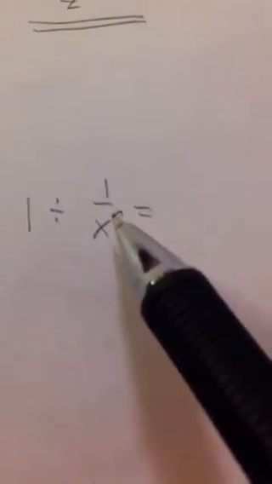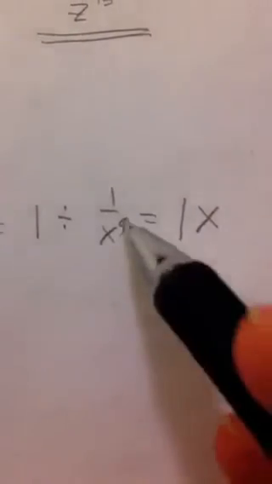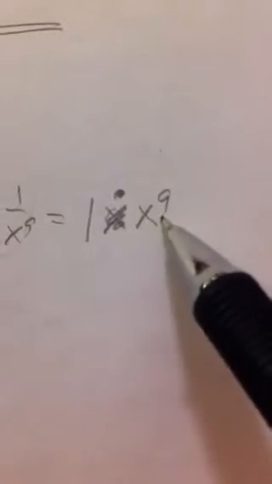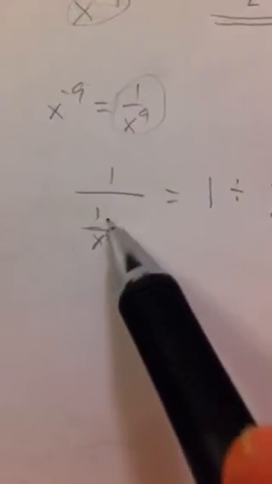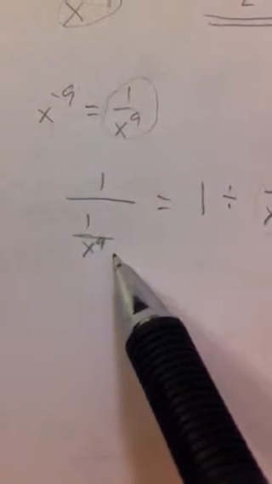And remember from our arithmetic, when we want to divide by a fraction, we take the reciprocal of the fraction and multiply. So it's 1 times x to the ninth, which is x to the ninth.